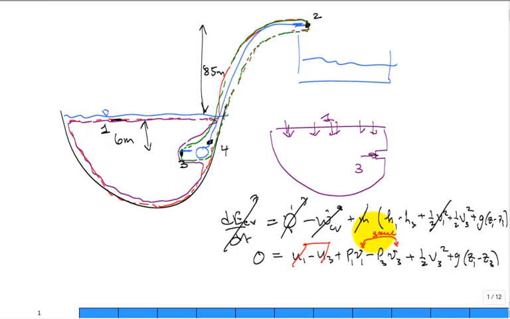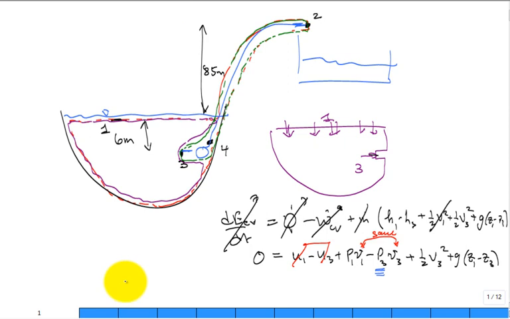Okay. What about P1? Well, how about this? I'm trying to find P3, the pressure at the inlet. That's where it is in my equation. I need to find P3.